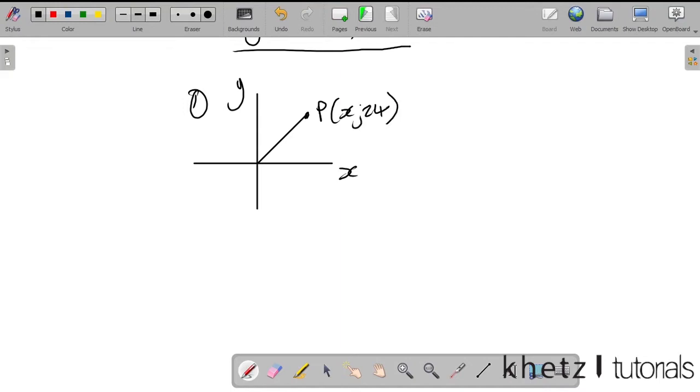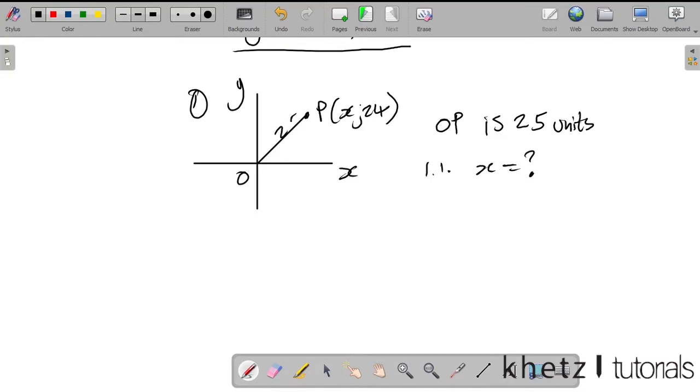We're told that the length of OP is 25 units. The first question, 1.1, is asking for the value of x.